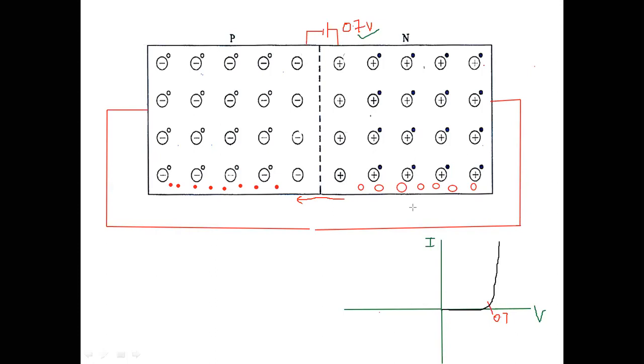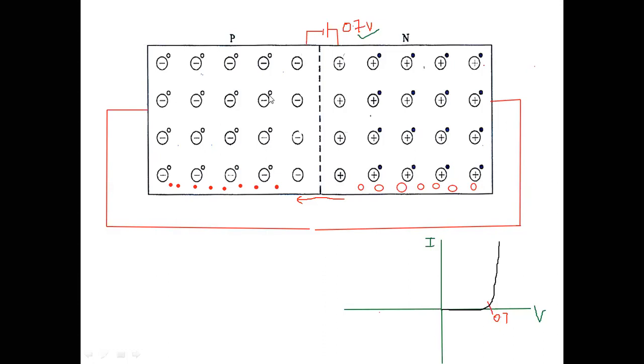The diode will be blown off. Why? Because there is a sudden, sharp, and high increase in current in the PN diode. That is my drawback here, so that's why I'm moving on to this Zener diode.